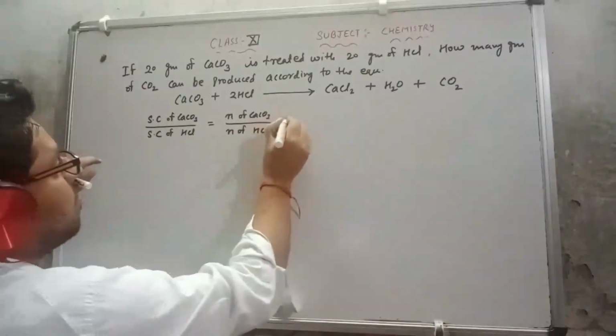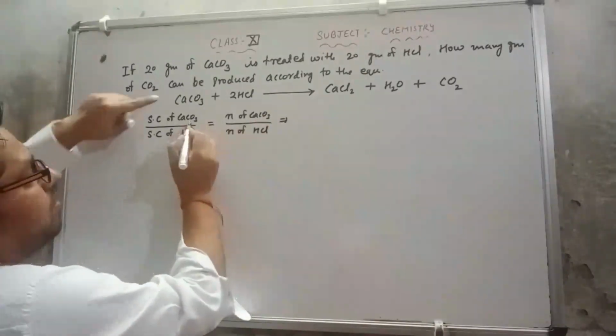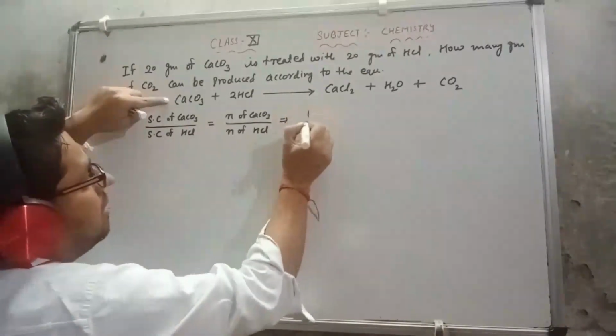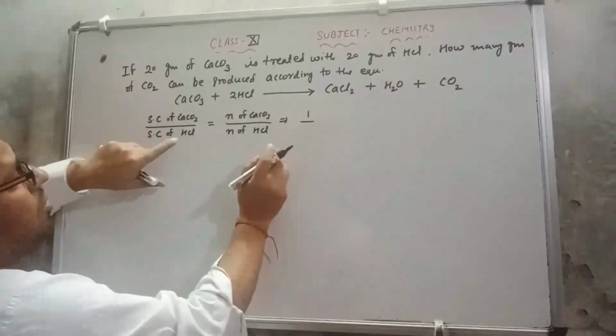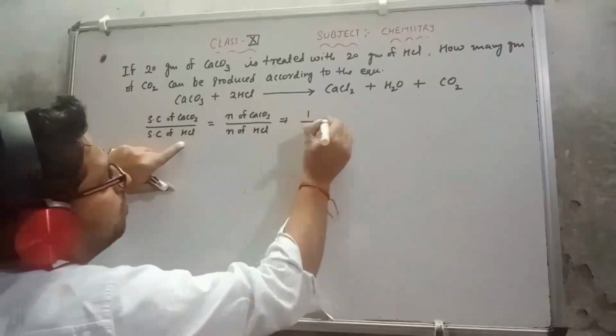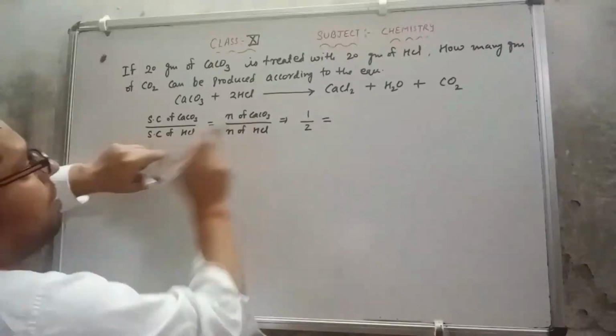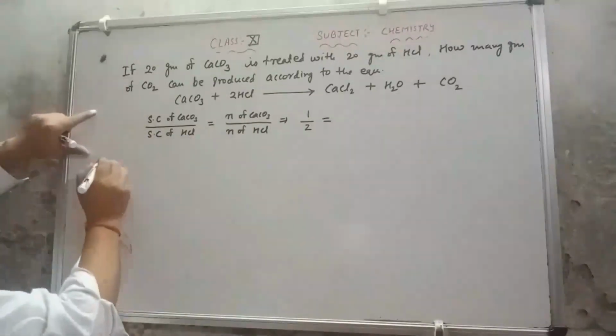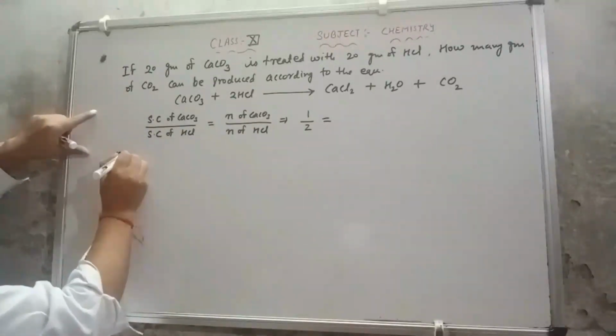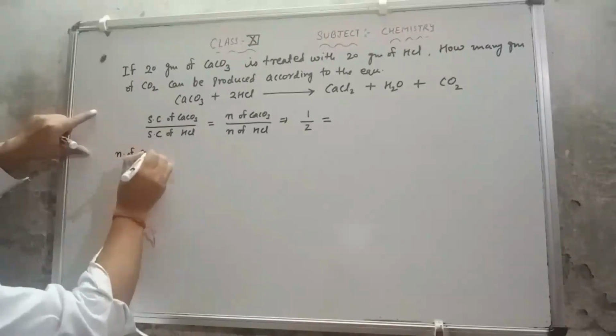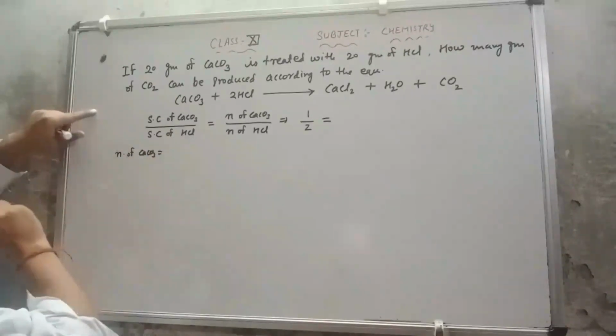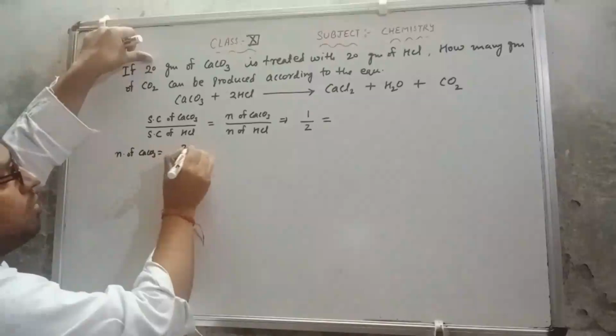If you see, the stoichiometric coefficient of calcium carbonate is 1 because nothing is written, upon the stoichiometric coefficient of HCl, which is 2. Now the number of moles of calcium carbonate: how to find it? This is mass upon molar mass. The mass is 20 gram.